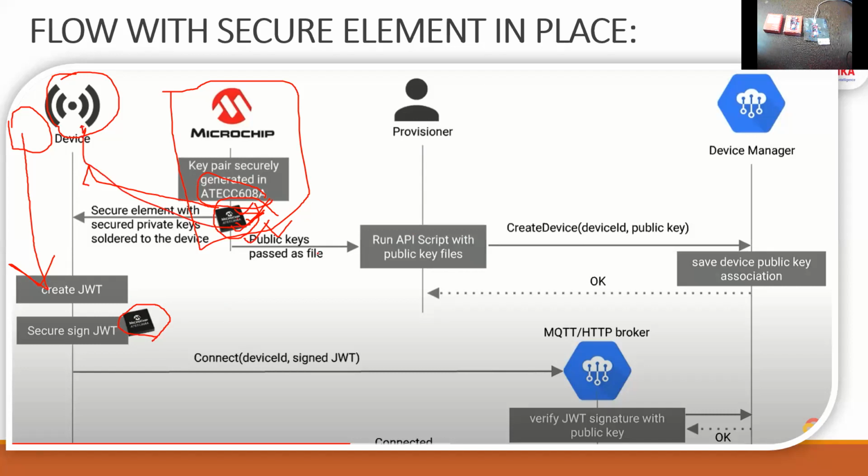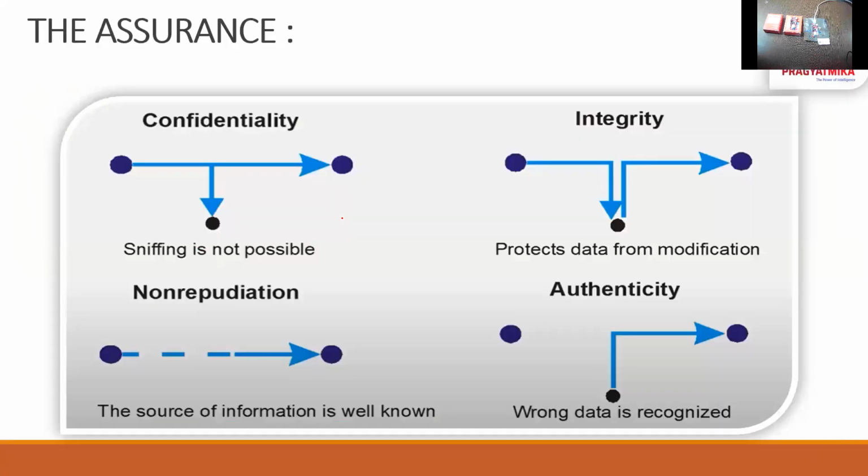So the cloud environment doesn't identify your device, but actually identifies this secure element. That's why, if the secure element is on your PCB, cloning of this device is not possible, and it is verified that this information has come from well-known sources.